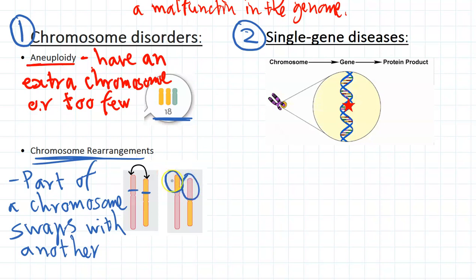So by accident, maybe the yellow section gets combined back onto the pink chromosome and vice versa, and suddenly there's a whole other set of genes on the wrong chromosome, and that can lead to lots of problems when the cells try to divide, or when that person tries to reproduce as well.